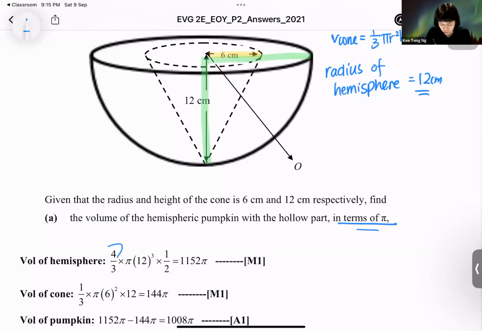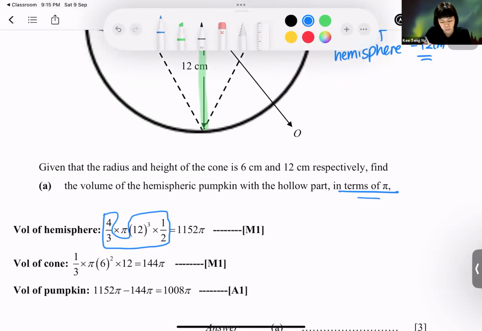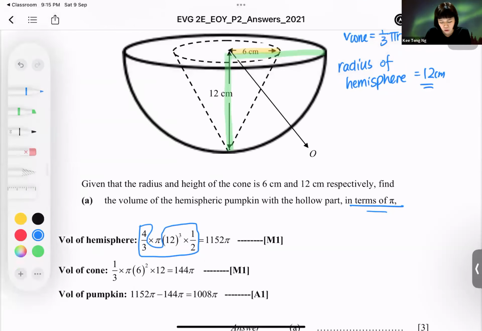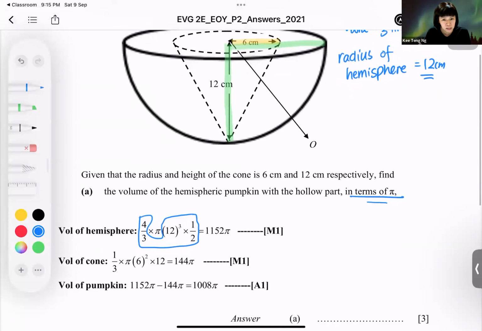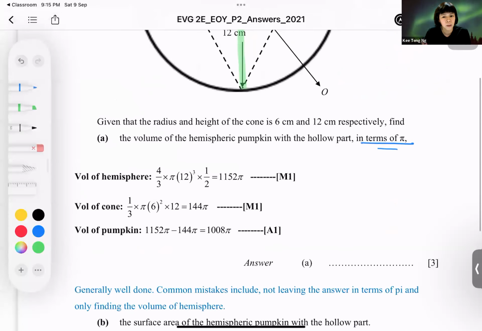I'll calculate all the numbers except for the pi, so I'll leave it as 1152 pi. The volume of the cone is 1/3 times the base area, 1/3 pi r squared times height. Similarly, I calculate everything except for the pi, which gives me 144 pi. After I know these two, I subtract and get the answer 1008 pi.